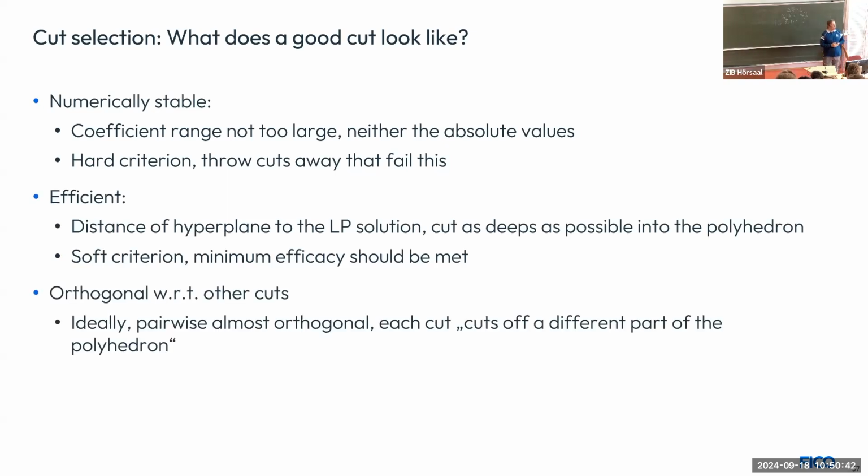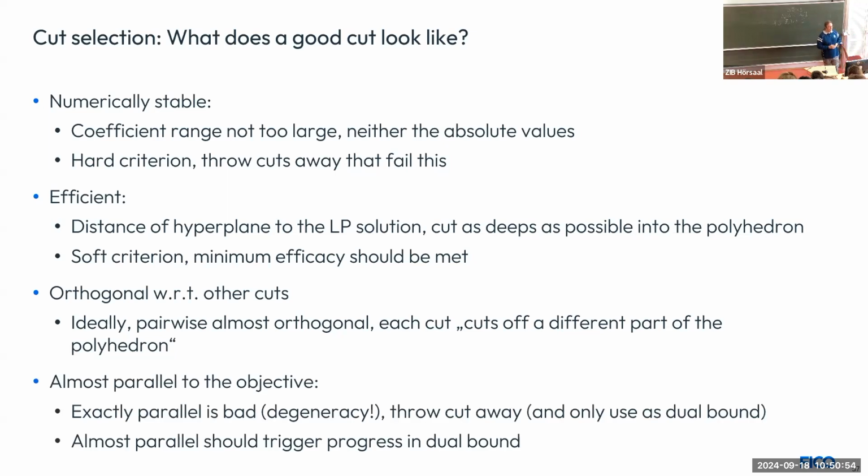Ideally, it should be orthogonal, or as orthogonal as possible, to other cuts. If cuts are very parallel to each other, chances are that using more than one doesn't really give much benefit. And the next one is a funny one: almost parallel to the objective could be good. Exactly parallel is terrible because that will lead to dual degeneracy of your problem.